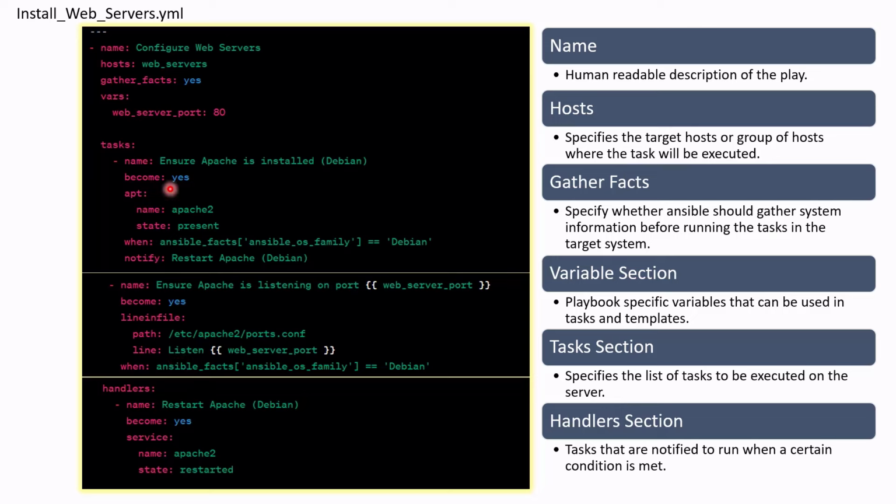Once the HTTPD services or web server are installed, we also want to start Apache services. So we say that once this task is finished, notify this handler, and then the tasks mentioned under handlers get executed. This is a little complex playbook, but I wanted to give you an idea of how playbooks look.